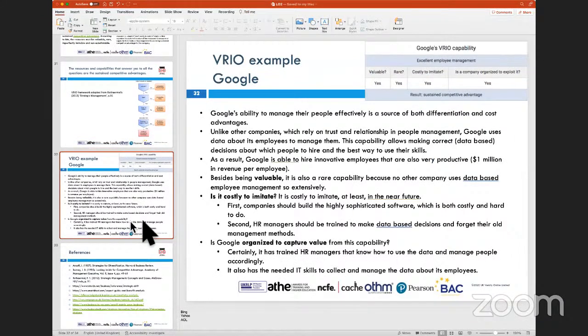Now, I've explained this VRIO framework with an example of the company Google. Google, as you know, is a leader in search. Google is owned by Alphabet, which is the parent company, and Google has various products. It has YouTube, it has search, it has Google Maps, lots of different types of products.